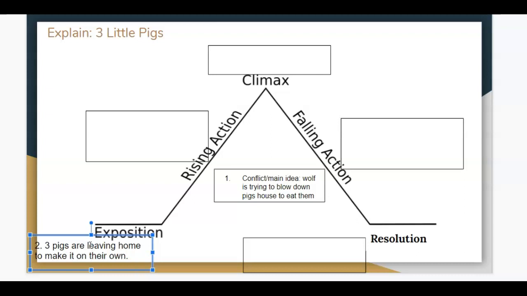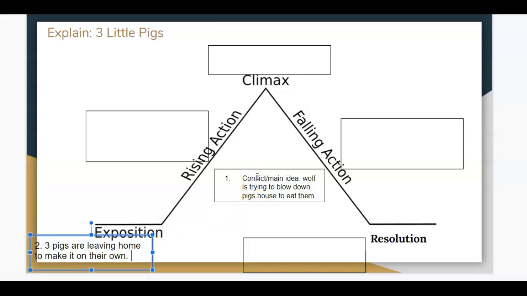So my exposition is pretty much the setting, the characters, and what's going on in the beginning, before this conflict takes place, okay? And usually the conflict takes place right here within the rising action, but I know it's the center.